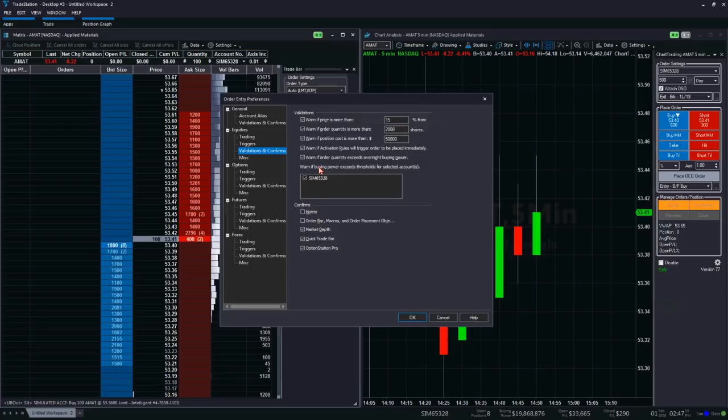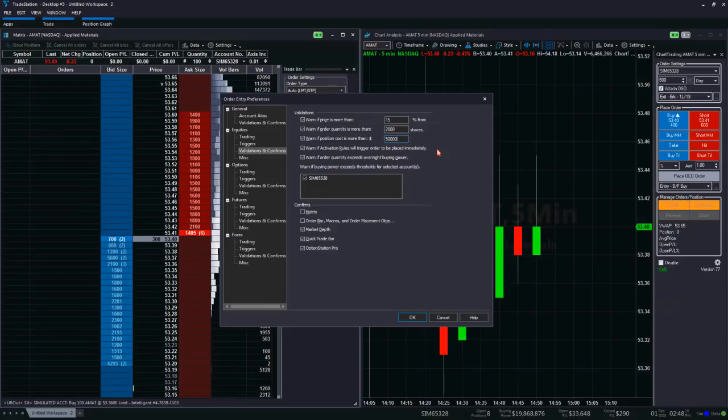Come here and take a look, because validations are great: in case you make an error, it'll catch you. So if the price is more than 15% from last, if the order is more than 2,000 shares, if it's going to cost you more than $50,000, these are validations. If TradeStation does the calculation and it goes over any of these thresholds, it's going to warn you: are you sure you want to do this?